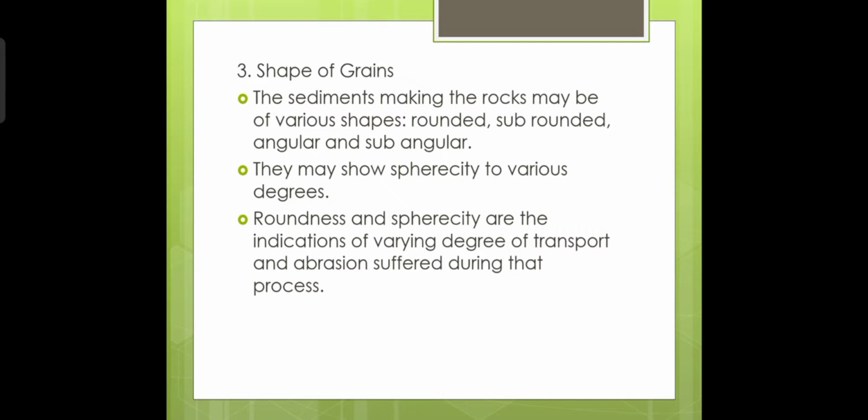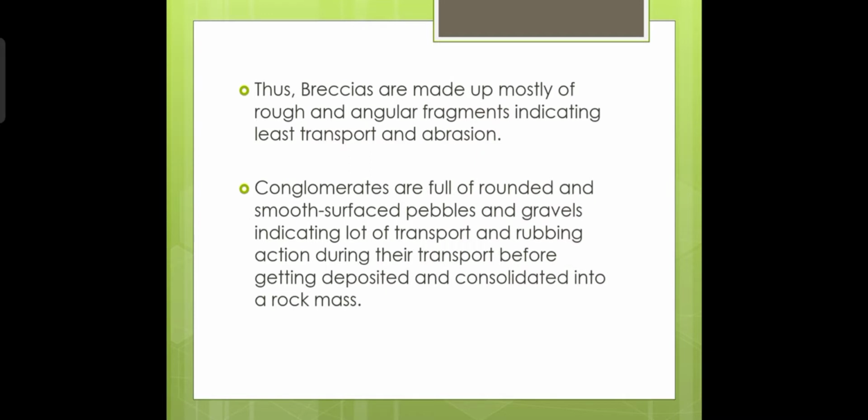Roundness and sphericity are the indication of varying degrees of transport and abrasion suffered during the process. Breccias are made up mostly of rough and angular fragments, indicating less transport and abrasion.